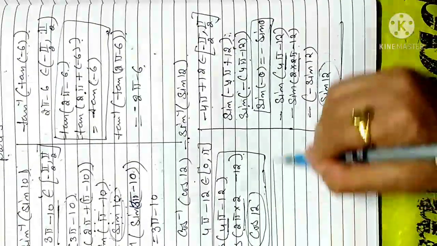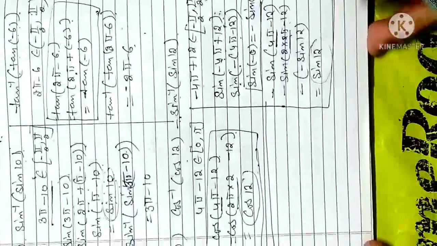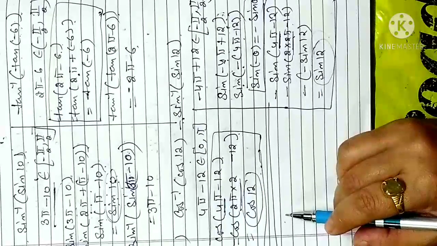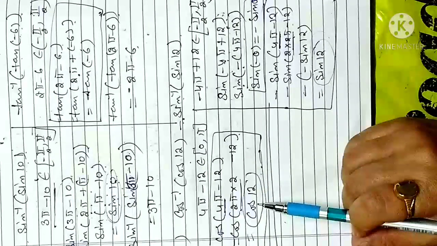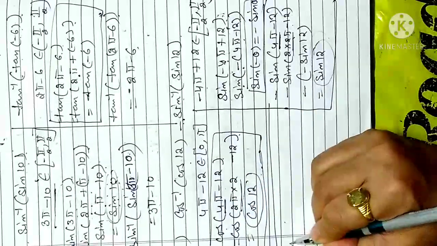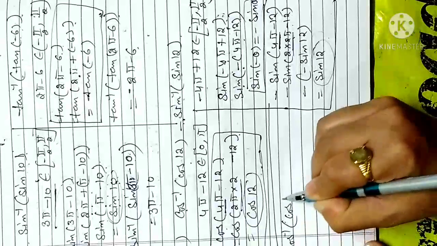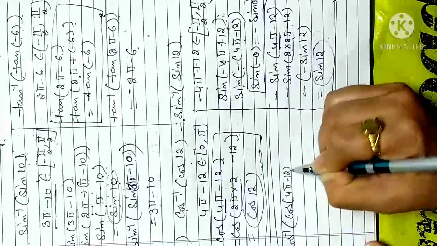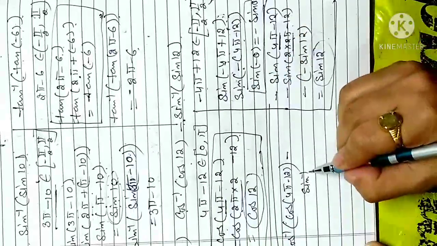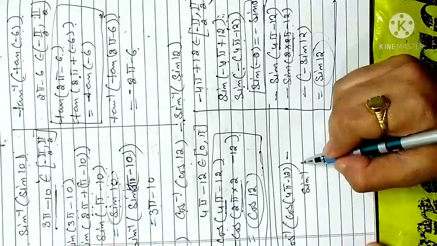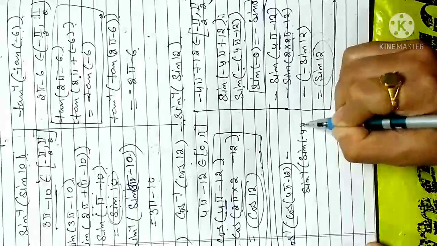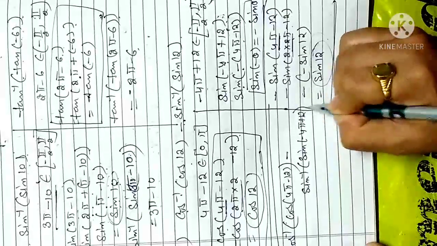So now I replace these values in my question. Now here cos inverse cos 12 changes to cos inverse cos of 4 pi minus 12, and here minus sine inverse, and sine 12 changes to sine of minus 4 pi plus 12.